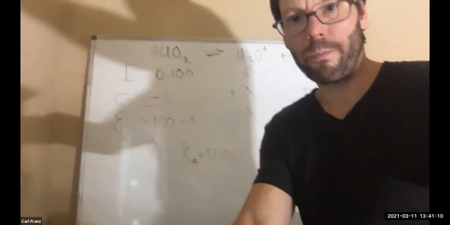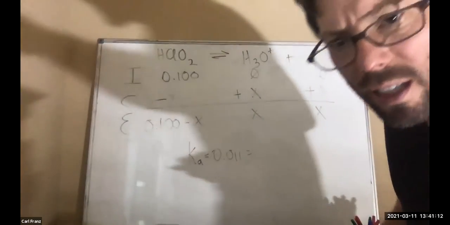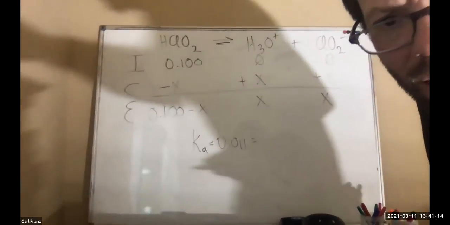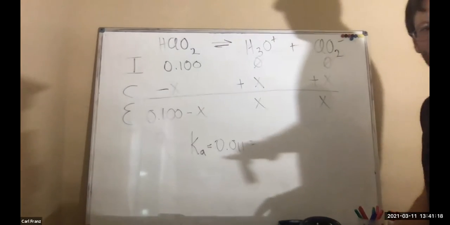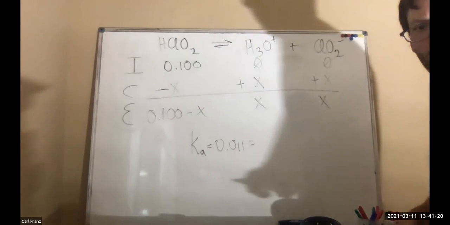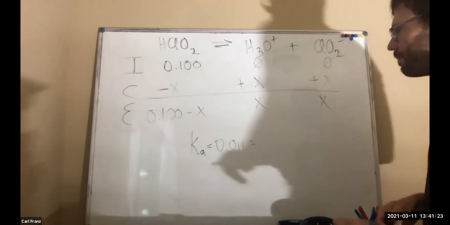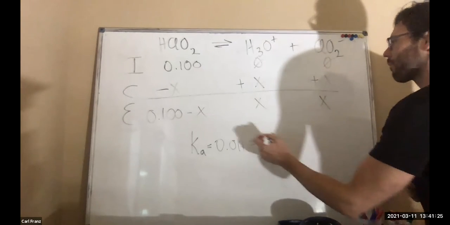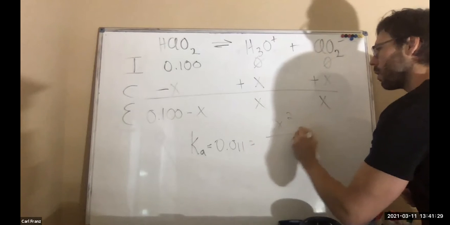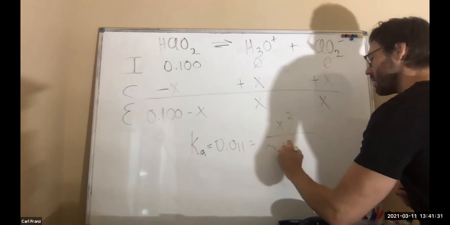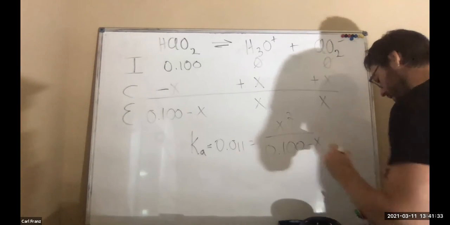Apologies for that. The distraction is this is getting kind of hard to see, I think. Can you guys see this on your end? I apologize for the faint markers. But anyway, we set this up and we get x squared over 0.100 minus x.